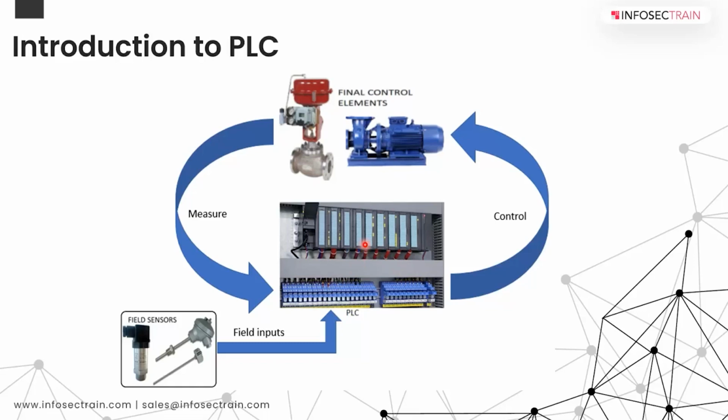You need a specific module for that, and these are final control elements. It is a control valve, it's a motor, start stop of a motor or on off of a valve, and the feedback is again given.